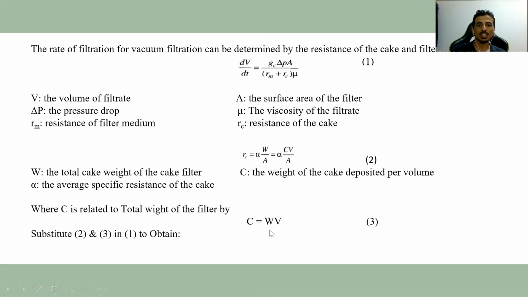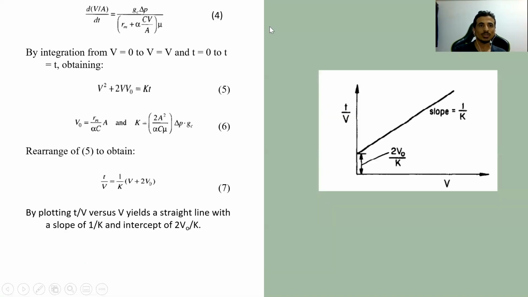So substituting equation 3 and 2 in equation 1 gives the following equation, equation 4, and integrating equation 4 by volume from 0 to V and time from 0 to t to obtain this equation. This equation can also be linearized to obtain the final equation, which is equation 7.